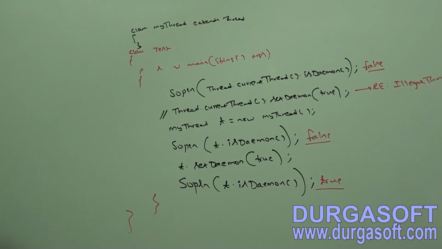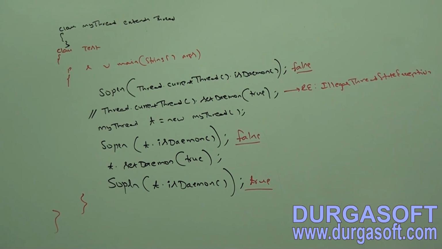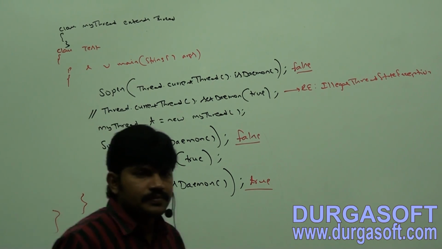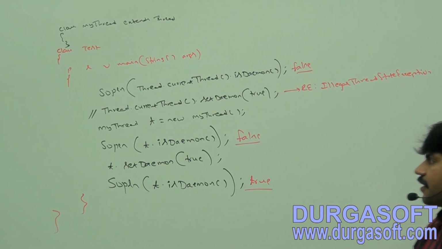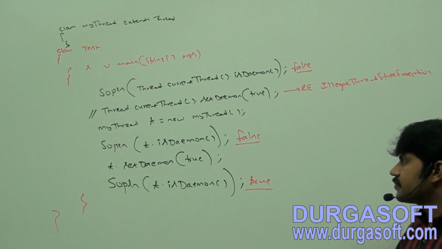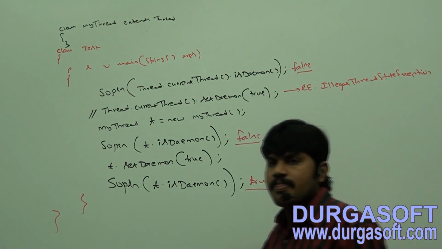Take it clearly. public static void main. Thread.currentThread().isDaemon() gives false. Thread.currentThread().setDaemon(true). Completed, right? Beside every SOP, take the corresponding output also.